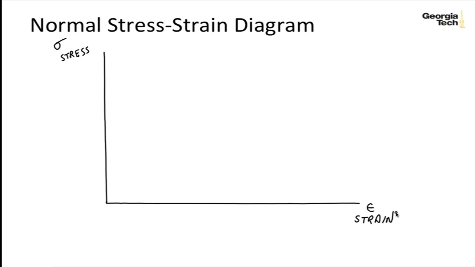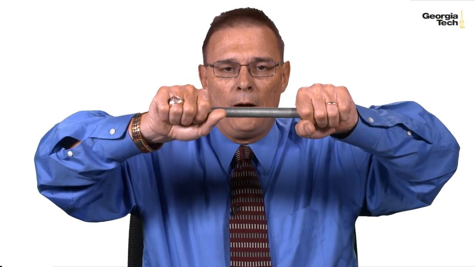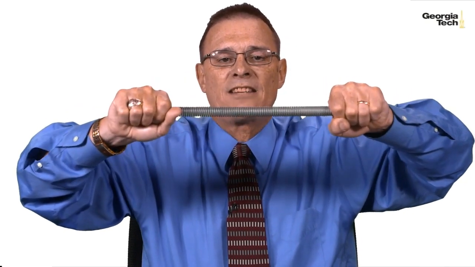And we start off at 0 stress and strain, and then we start to load our specimen. And this is going to be an example of my specimen. Now, this is not a solid specimen. This is actually a spring, but I can't stretch a solid specimen to show the results I want to show, and so this acts exactly the same way. There's a range in the spring where if I load it, it snaps back. It's the elastic range, okay?